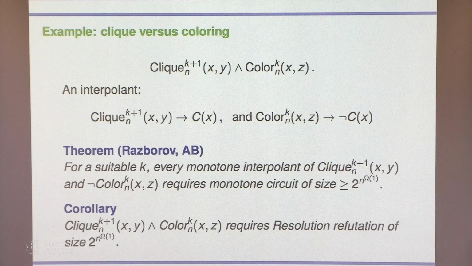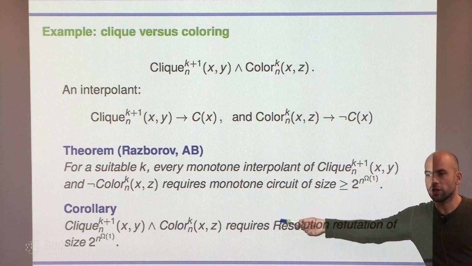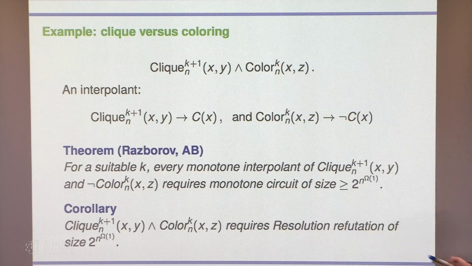But in the communication language, it was the same result, except that we said tree-like resolution refutation. So this interpolation technique is, at least in this context, exactly the same thing as the communication complexity, except you are getting better bounds. Better bounds meaning by proofs which are not only trees.